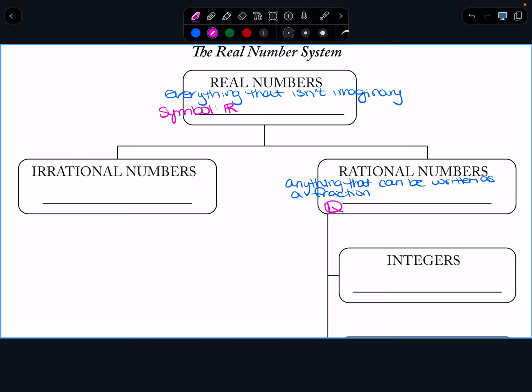Some examples of a rational number are 0.66 repeating, because that's the same thing as 2/3, square root of 16, 1/3.